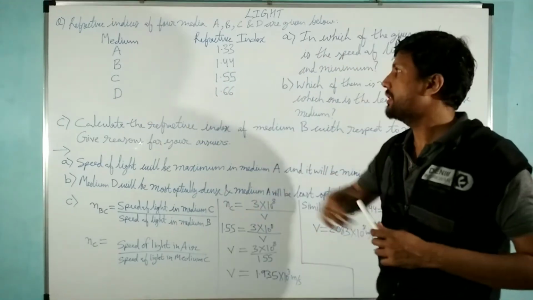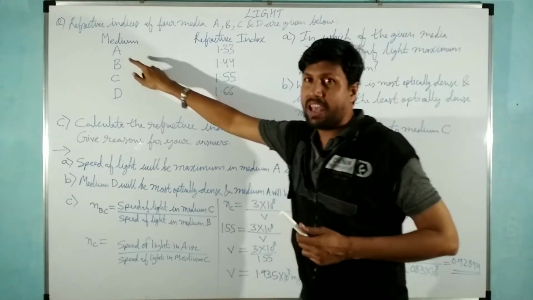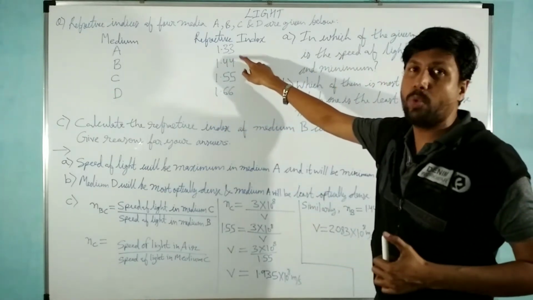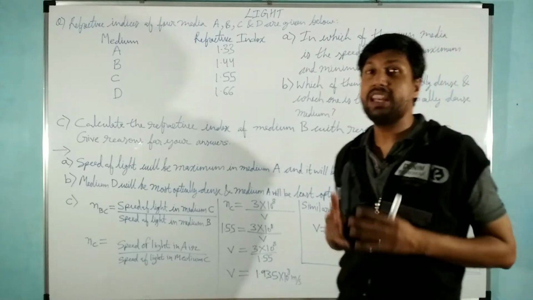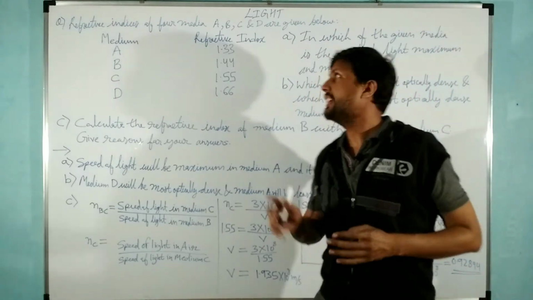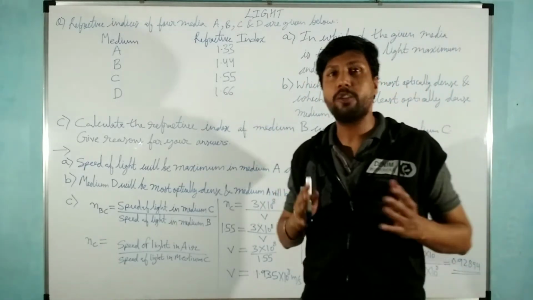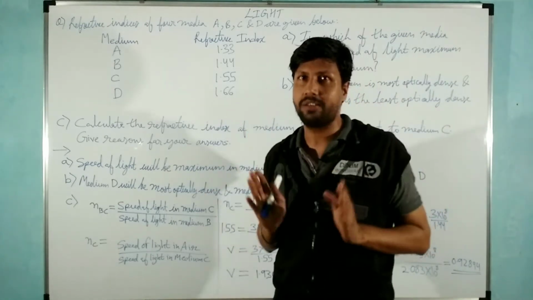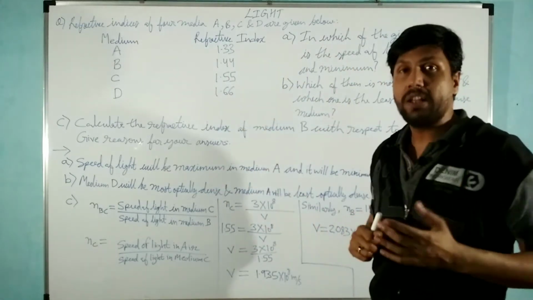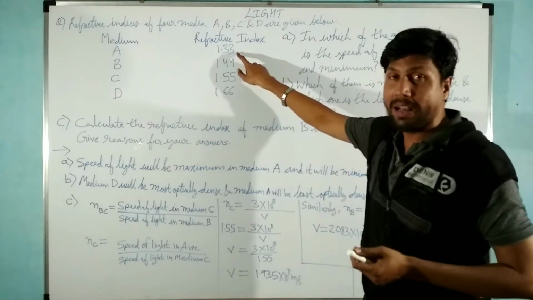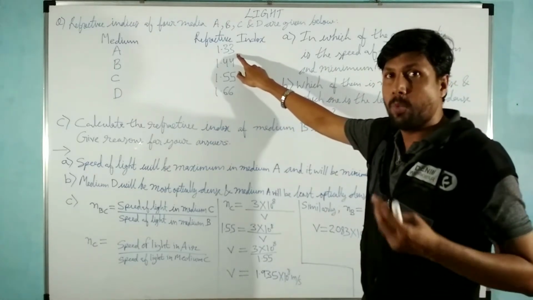Now we can see that for medium A, the value of refractive index is 1.33. What does it mean? It means two things. You can understand this value in two ways. The first way is the extent of bending while traveling from one medium to another.